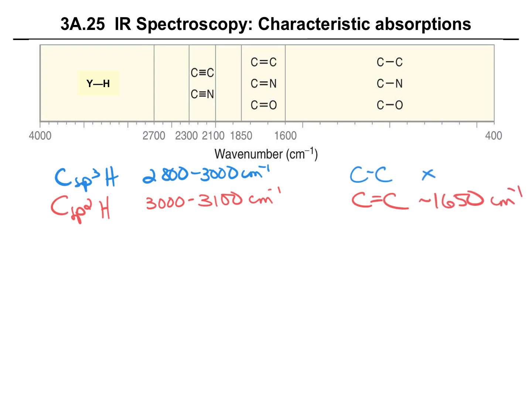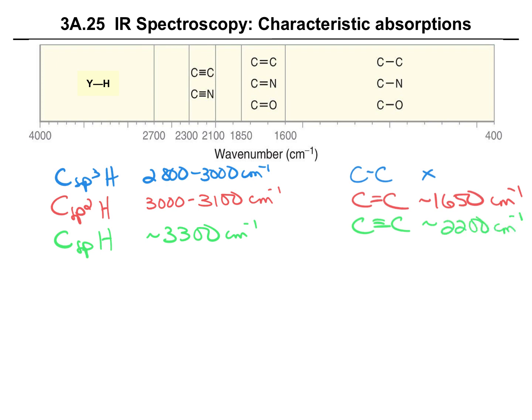For an alkyne, if it's a terminal alkyne, we will have a carbon that's sp hybridized connected to a hydrogen. So this CH bond absorbs around 3,300 inverse centimeters, and the carbon-carbon triple bond absorbs around 2,200.